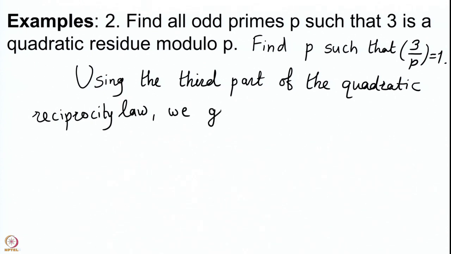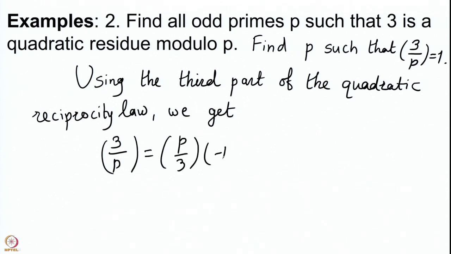We get 3 by p is p by 3 into minus 1 to the power (3 minus 1)/2, which is just 1, and (p minus 1)/2.